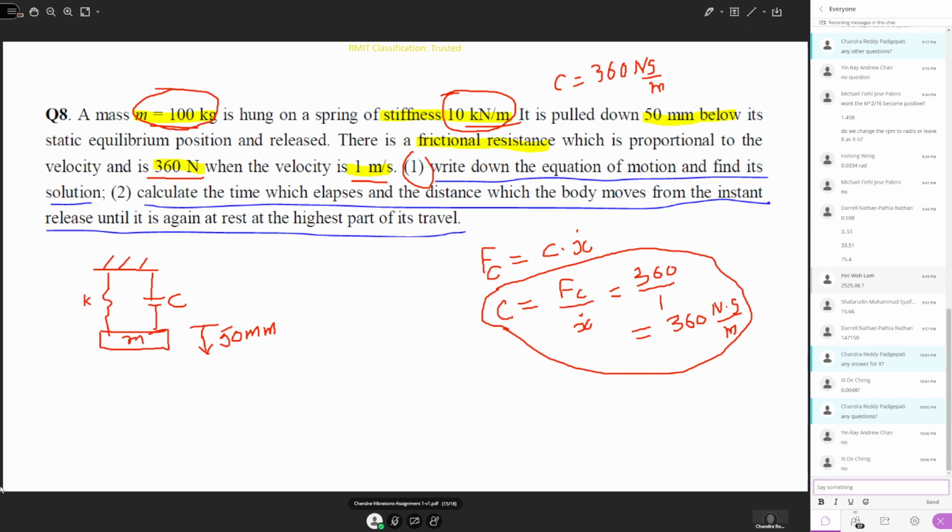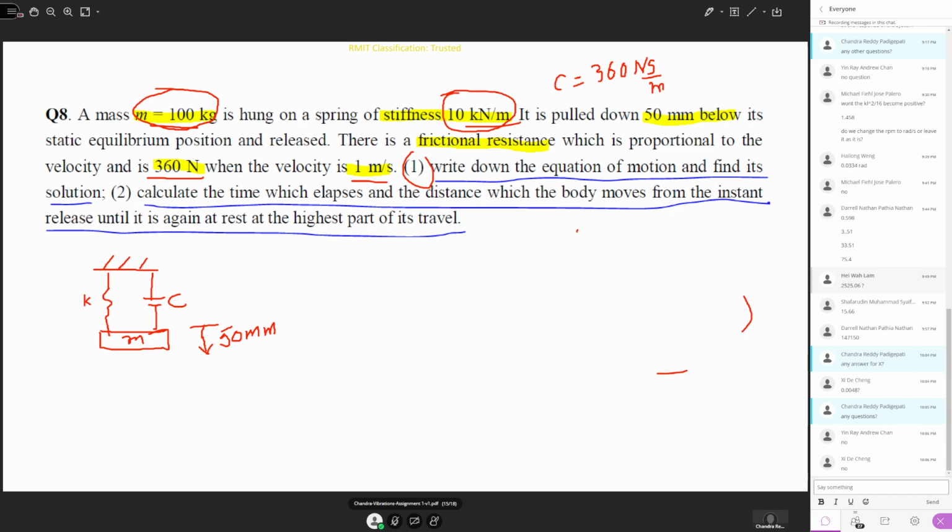For this scenario, we need to write down the equation of motion. So the net force acting on the system we can write as m x double dot.